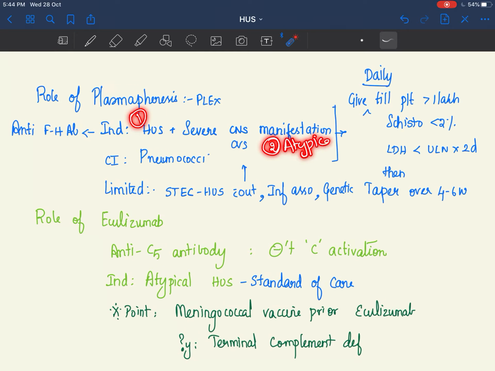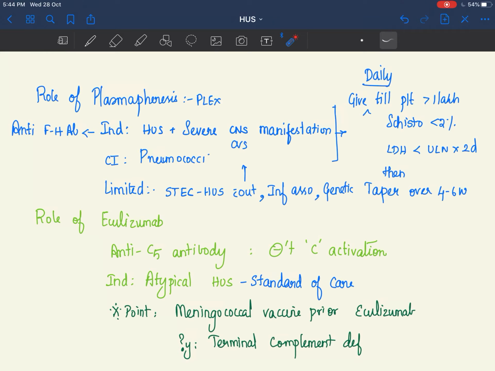These are the two conditions where plasma exchange helps. Plasma therapy is not the same as plasmapheresis. It is contraindicated in pneumococcal HUS and of limited usefulness in typical HUS without life threatening manifestations, infection associated or genetic disorder.